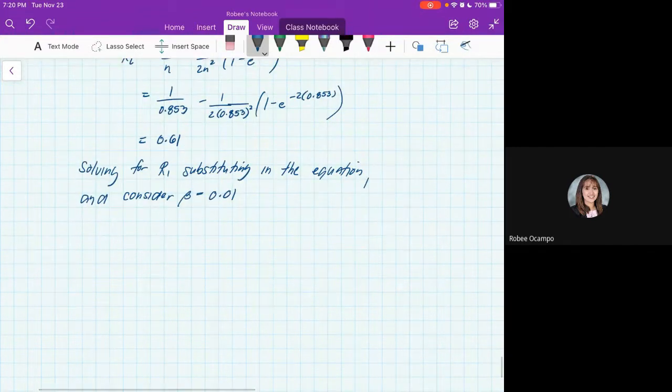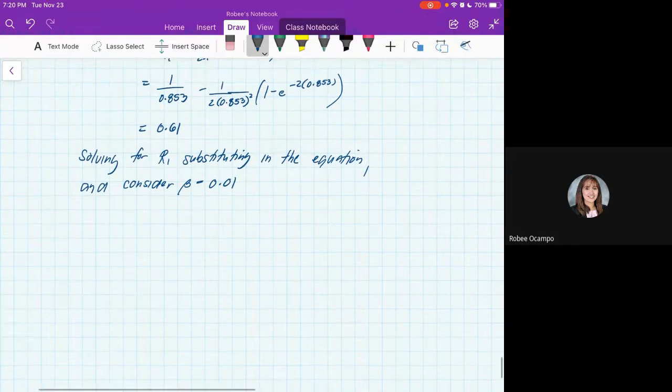So yung value lang ng ating beta is just an assumed value for this particular problem.